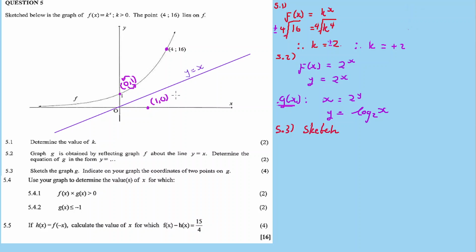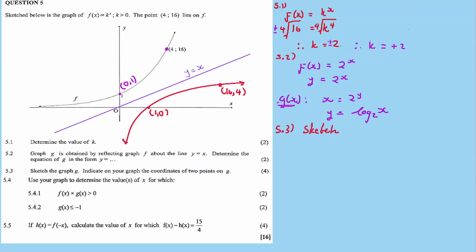So it's 1 and 0, and then 16 and 4 becomes 4 and 16. You just swap the coordinates, then you connect the points. Then we get a curve like this one.